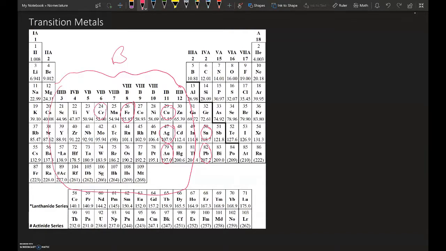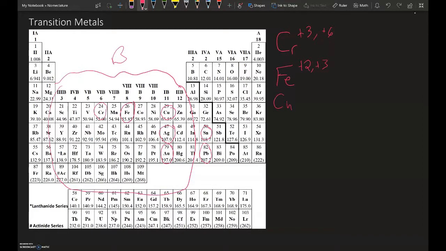So let's start up with chromium, for example. So chromium can have a charge of +3 or +6, and those are the oxidation states that you're going to see them in more commonly. Iron has an oxidation state of +2 or +3.